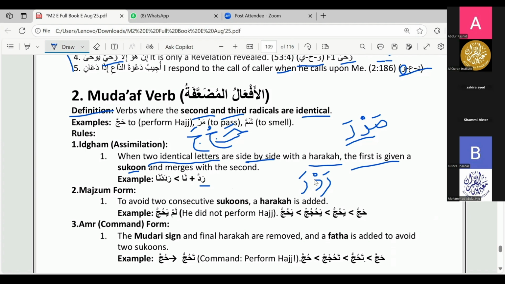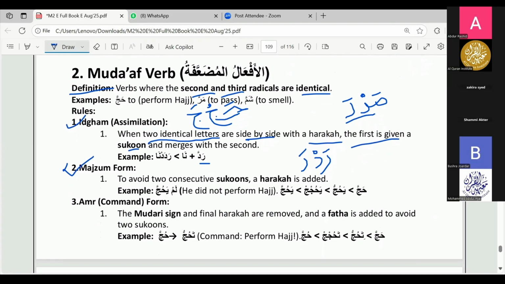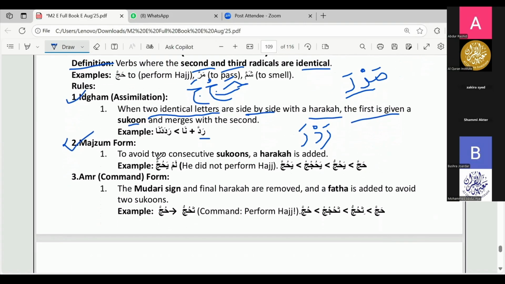Here the first one has a sukun, and when it is with the attached pronoun, it is radadna. So this is the rule of the idgham. And then for the majzum form, to avoid two consecutive sukuns, a haraka is added. So two sukuns cannot go side by side.